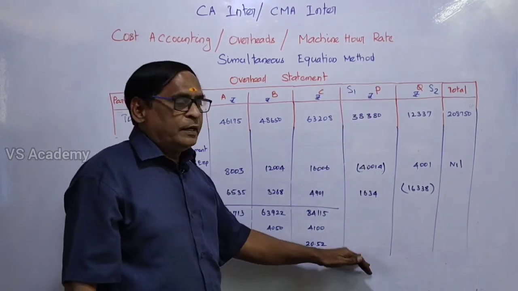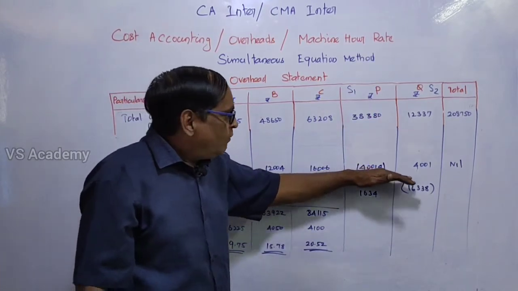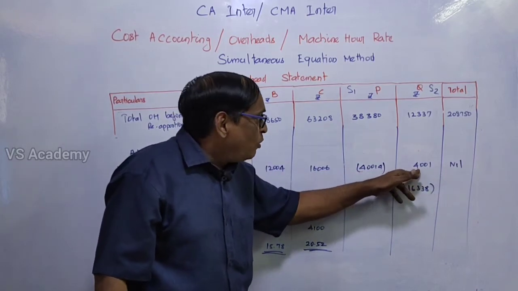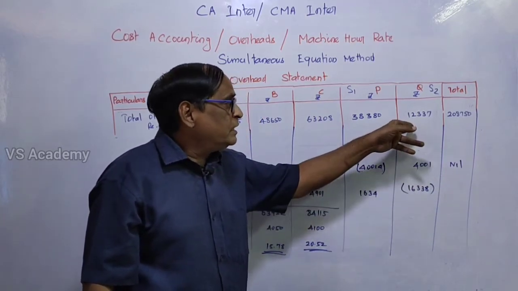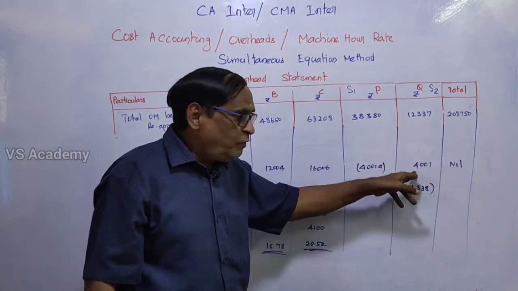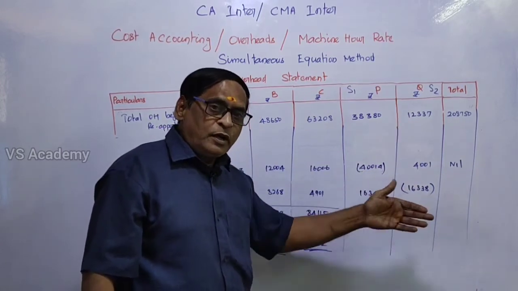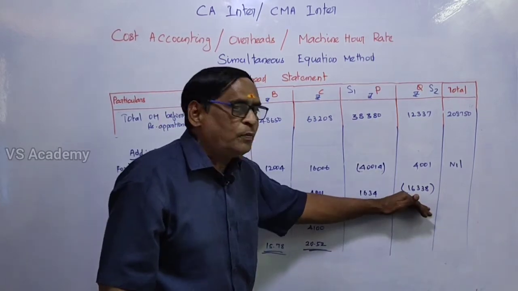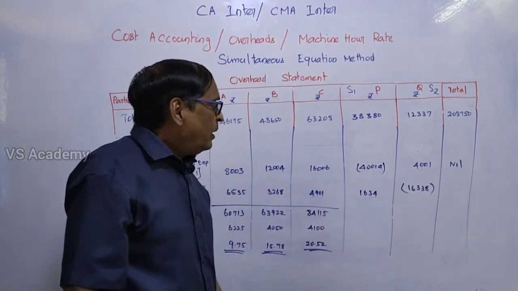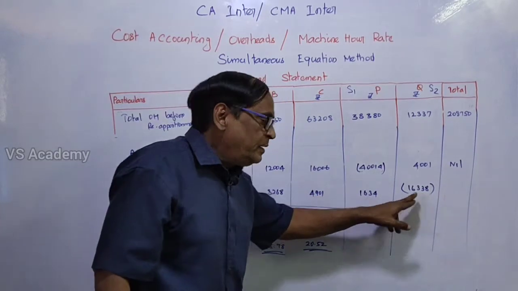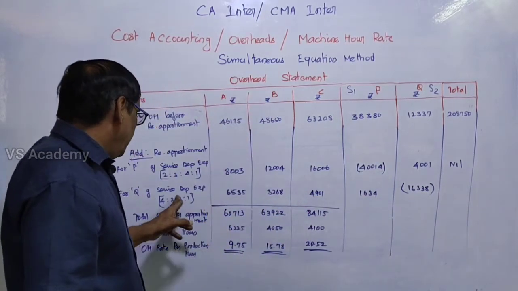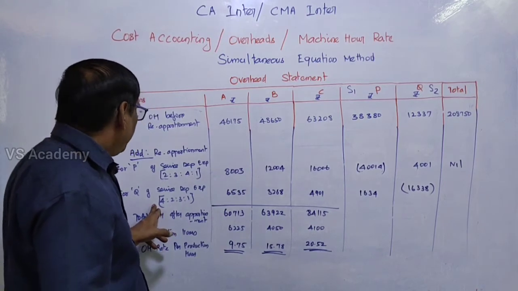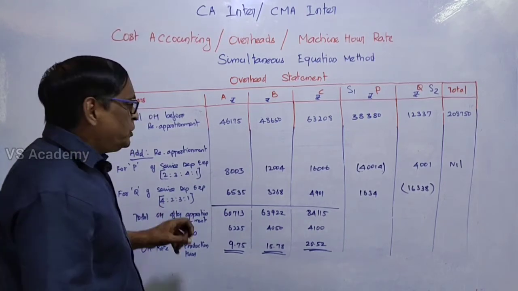So what will be the overhead of S2? We have to add this amount also. The opening balance already is 12,337. According to the simultaneous method, we have found 16,338. So this amount must be wound up. So 16,338 may be reapportioned between A, B, C and P in the ratio 4:2:3:1.